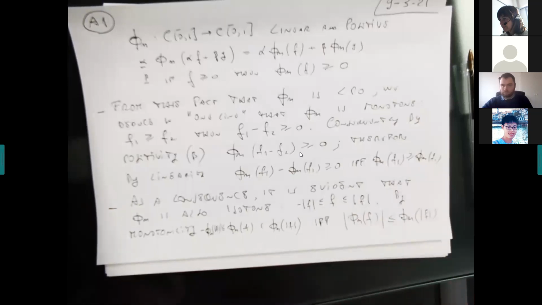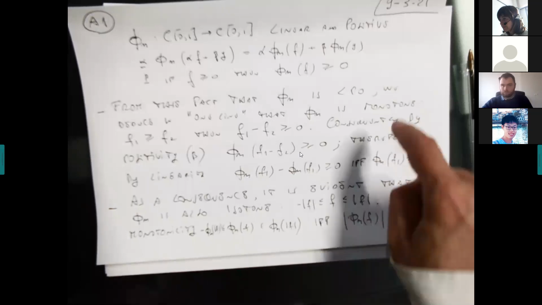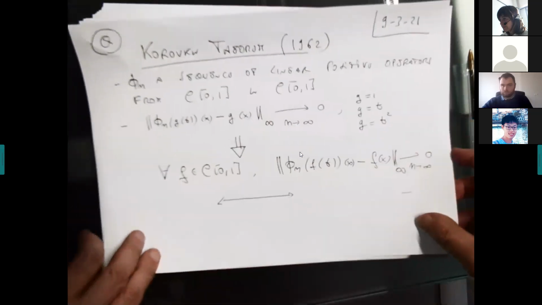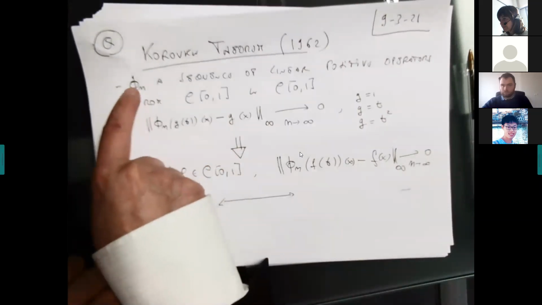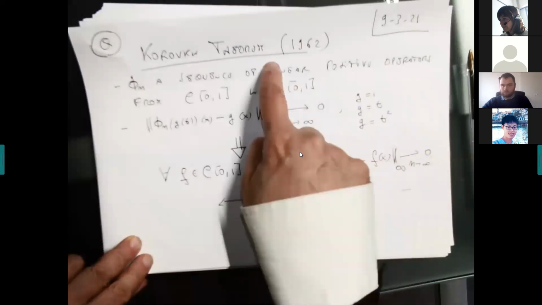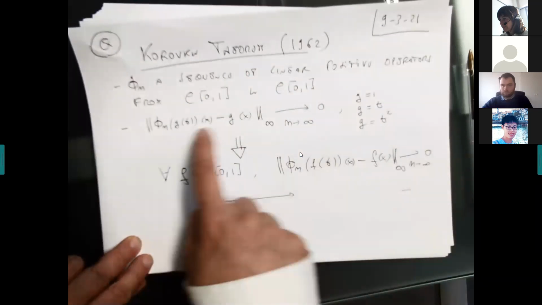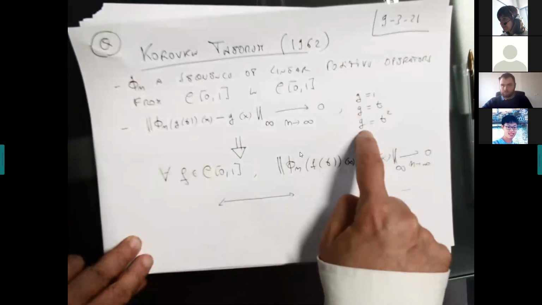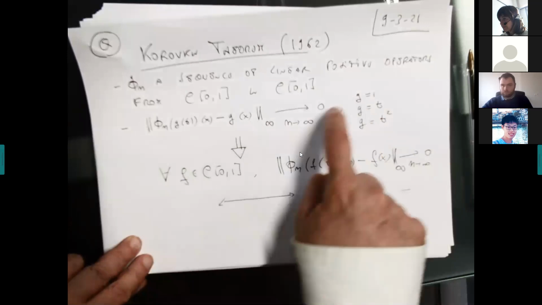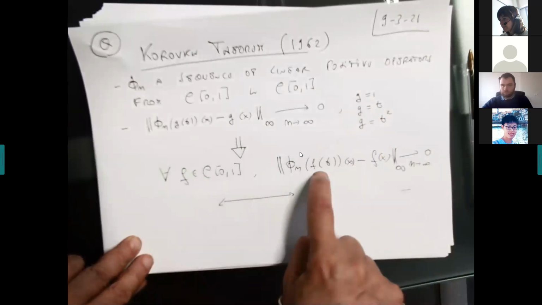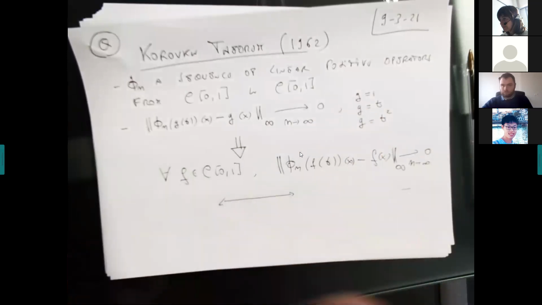Now, with the monotonicity and the isotonicity, which are consequences of being linear positive, we can give the proof of the Korovkin theorem. So pay attention to the fact that phi n is a sequence of linear positive operators. We have only this, plus the fact that there is a convergence on these three stupid functions. And if you have a convergence on these three stupid functions, then you have a convergence for any f, also a function which is continuous but nowhere differentiable.